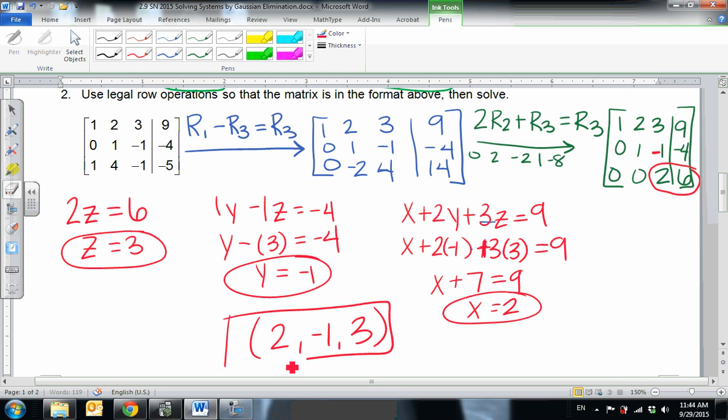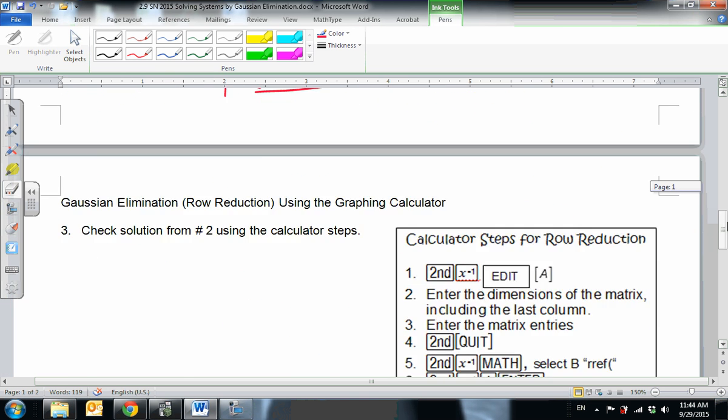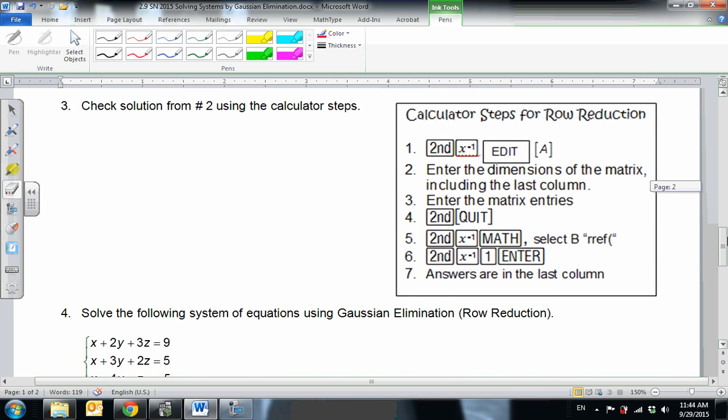Okay? Now, you can see how this could take a long time, right? There's a lot of different routes you could take. It takes a long time to brainstorm what to do, which row operations to use. So we are going to let our calculator help us out.